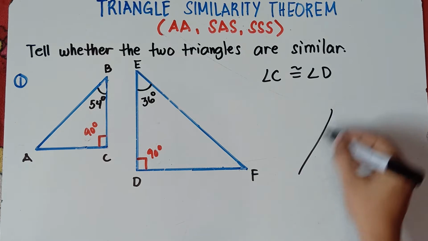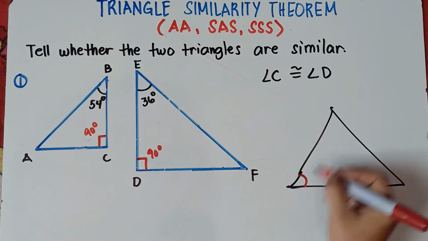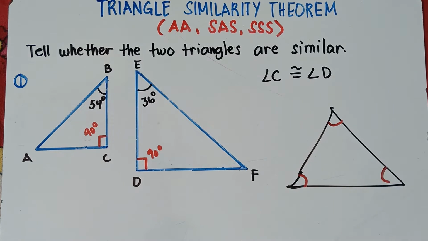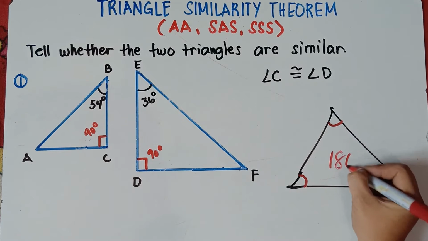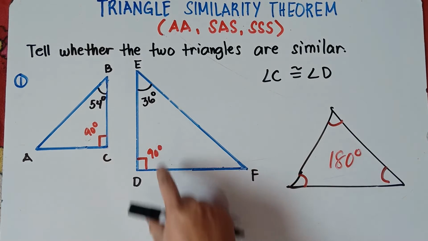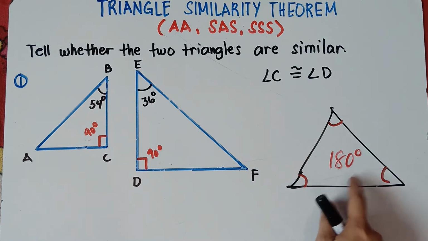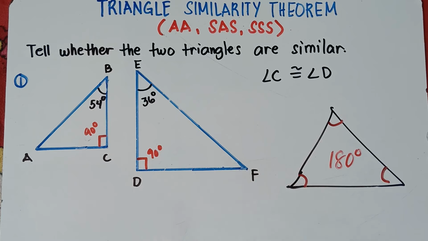Any kind of triangle, whether equilateral, isosceles, right, or scalene, the sum of the interior angles should be equal to 180 degrees. Since we already have 90 and 36, we need to add this up and subtract it from 180 so that we can get this angle.